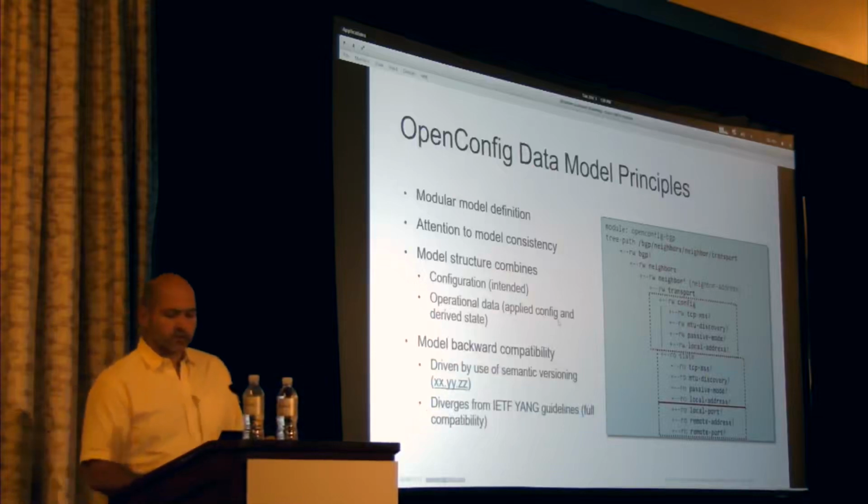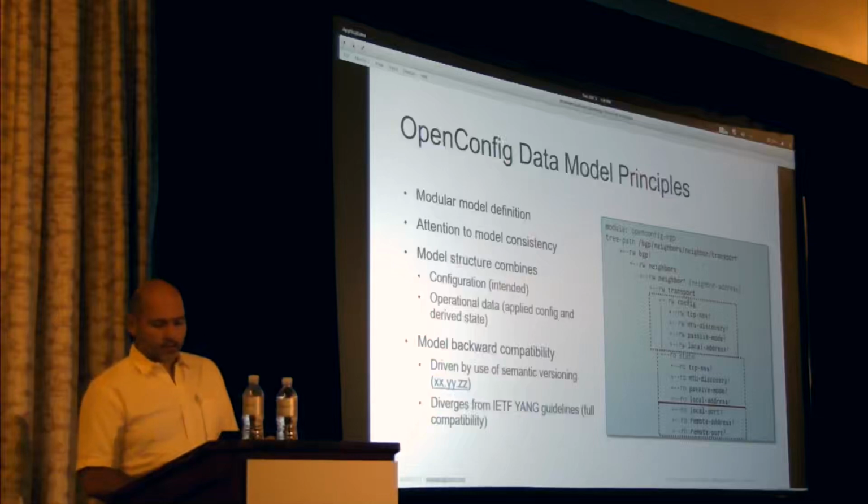If you see here on the right-hand side, very quickly, for a particular piece in the BGP model, we see some of the attributes that they have for BGP neighbor transport, and we see a bunch of configuration data: TCP, MSS, MTU discovery, etc. And we see the state portion of the model for that particular piece. You realize that they clearly separate config from state.